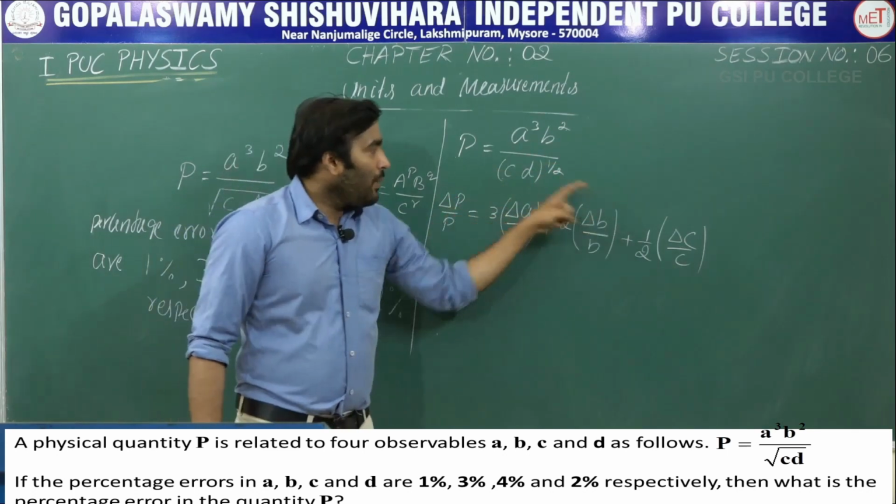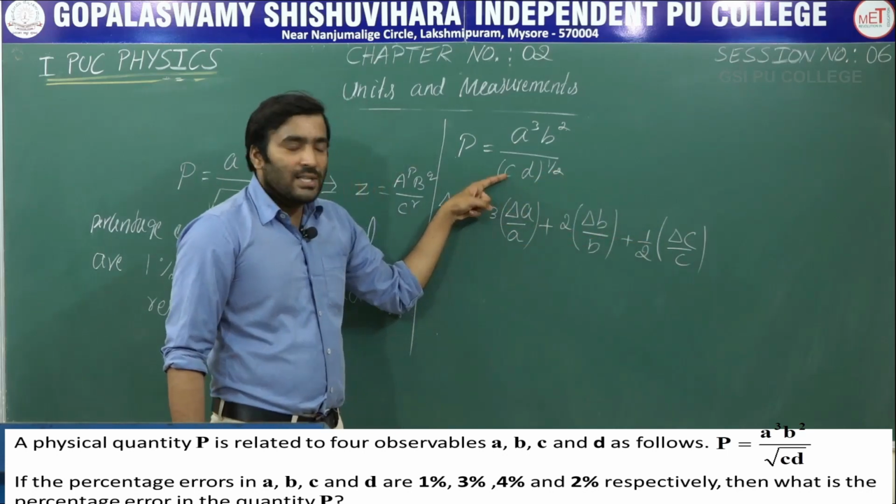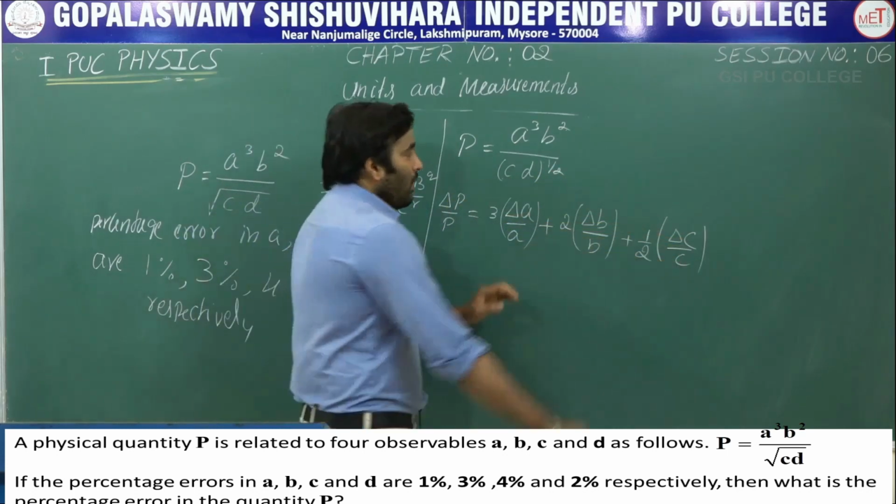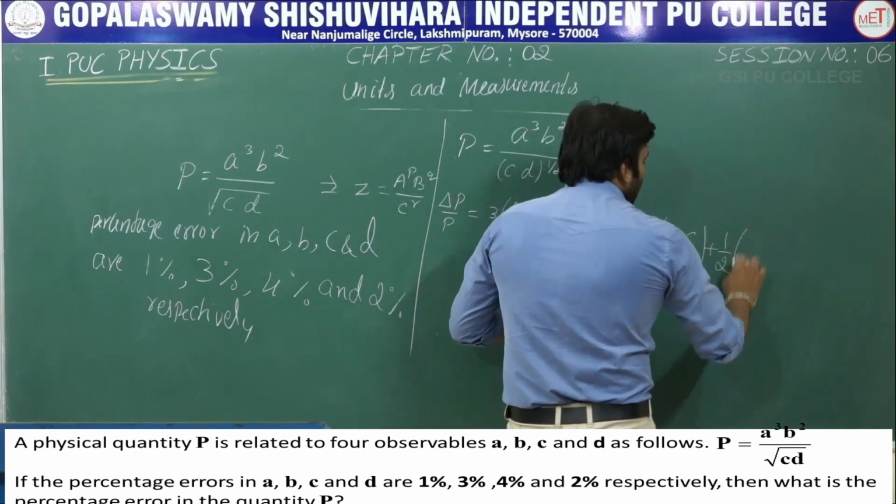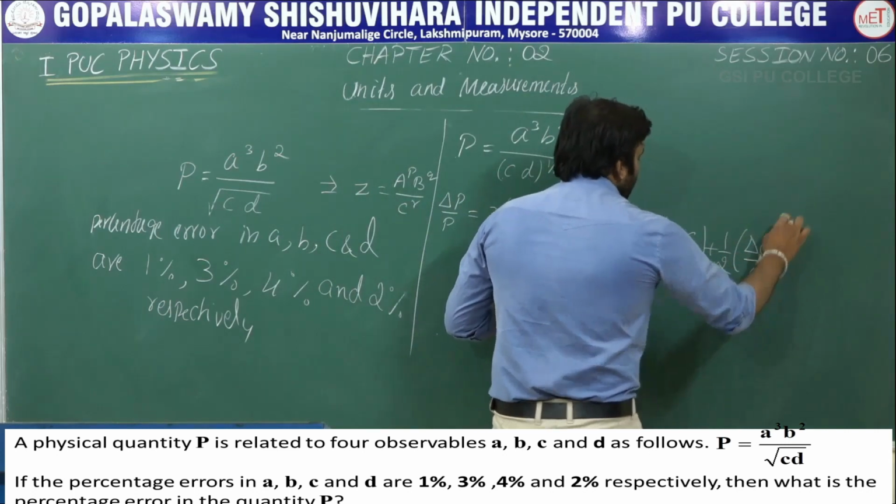That is why the power is half and the error in C is delta C by C. Next, plus half into delta D by D.